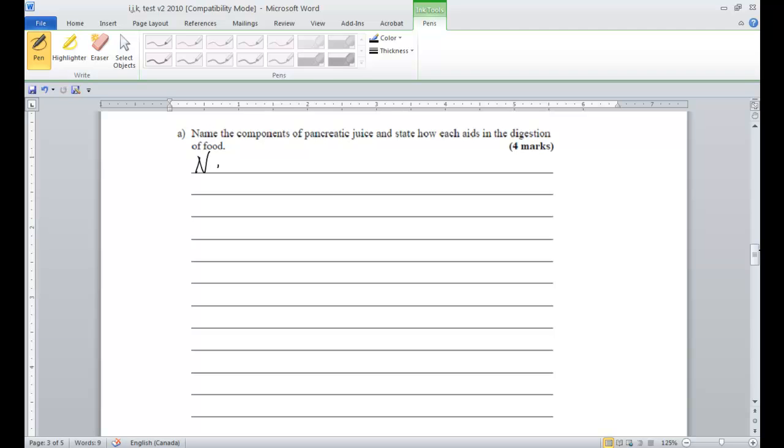So, 1, sodium bicarbonate, NaHCO3. It changes the pH from 2.5 to 8.5, to basic. So if you only identified sodium bicarbonate, you got half. If you didn't identify how it aids in the digestion of food, then you didn't get it, okay?